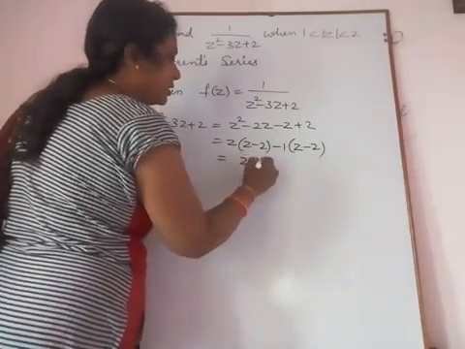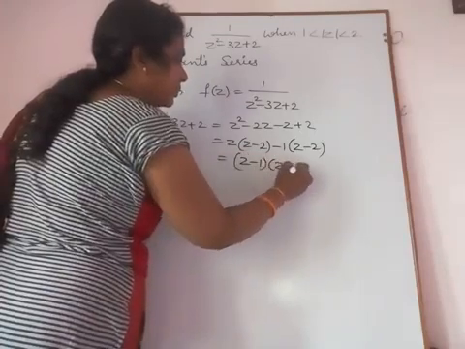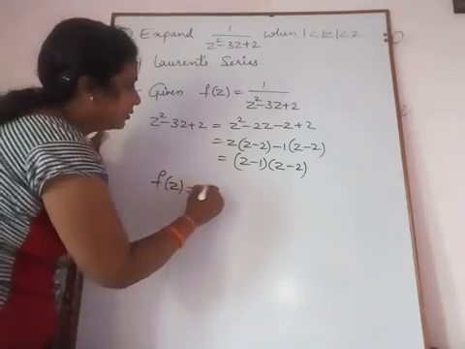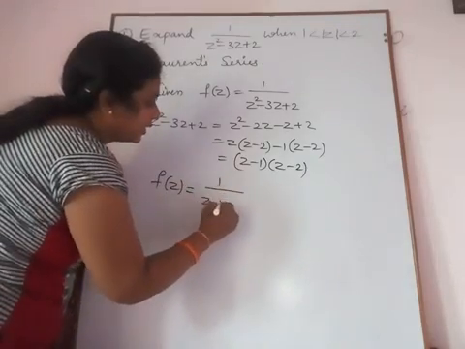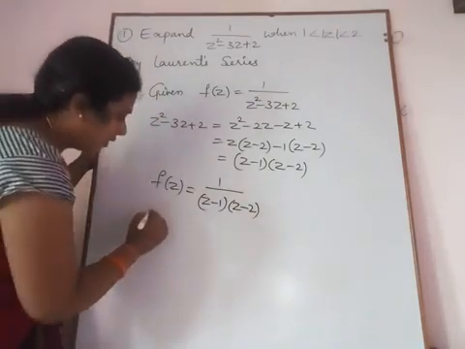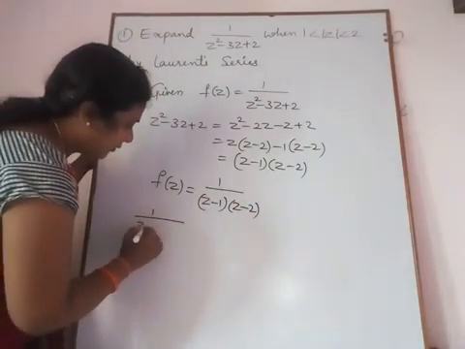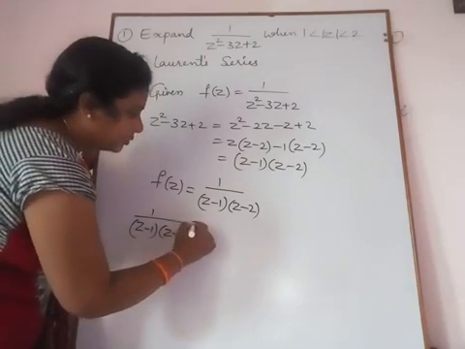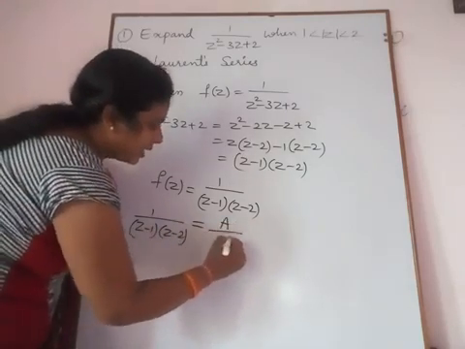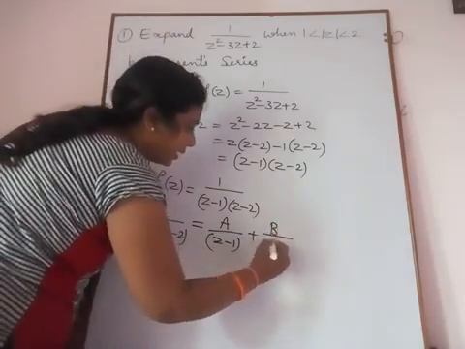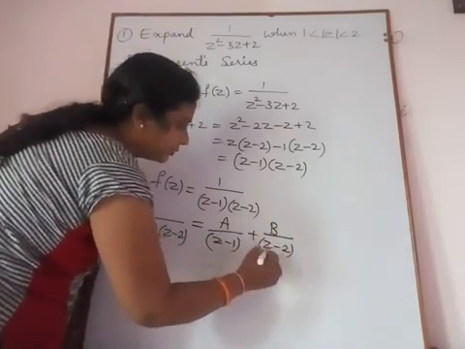The factors are z minus 1 and z minus 2. So here f of z is equal to 1 by z minus 1 into z minus 2. Now we can find the separate terms z minus 1, z minus 2 by using partial fractions: a by z minus 1 plus b by z minus 2.